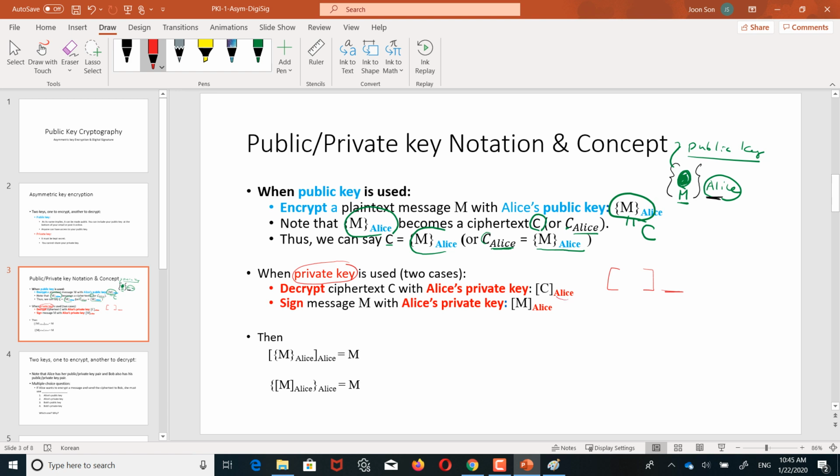Since you use the square bracket, this means Alice's private key. Whenever you use the curly bracket, this means Alice's public key.